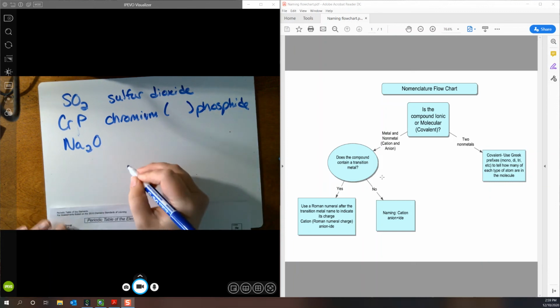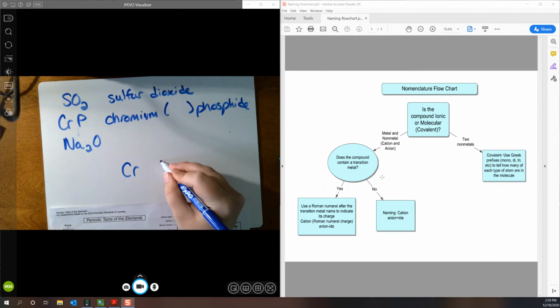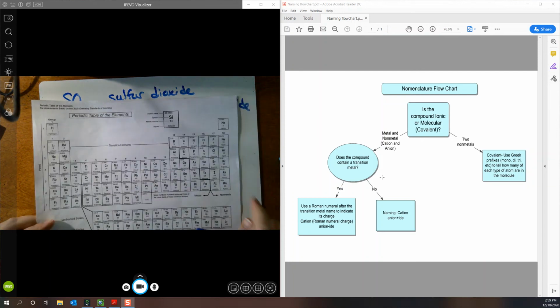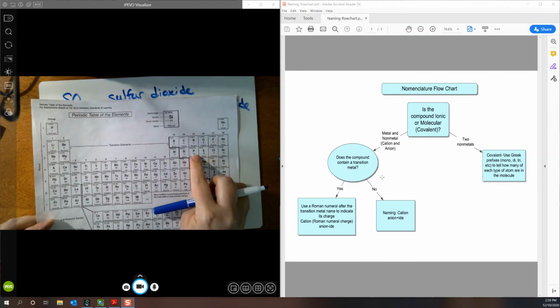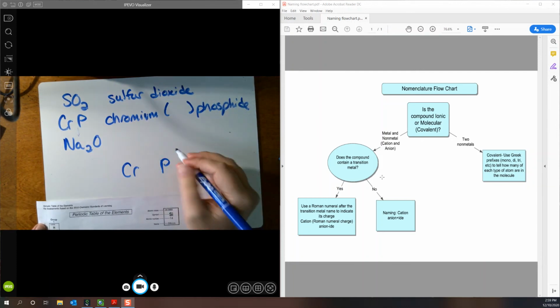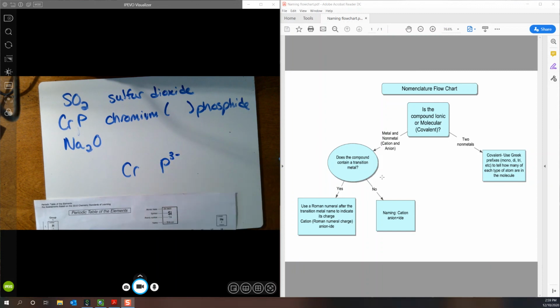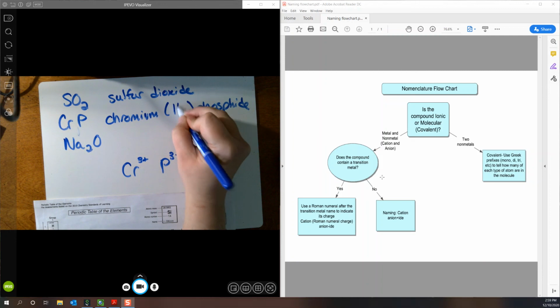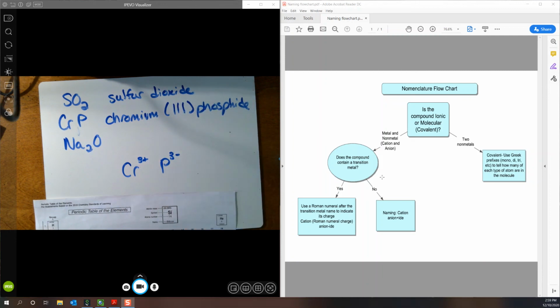To figure out what that is, I can look at the two charges. So I have one chromium and one phosphorus. Phosphorus, when it forms an ion, gains 3 electrons. So its charge will be -3. So what does chromium have to be to balance that out? +3. So this is chromium(III) phosphide.